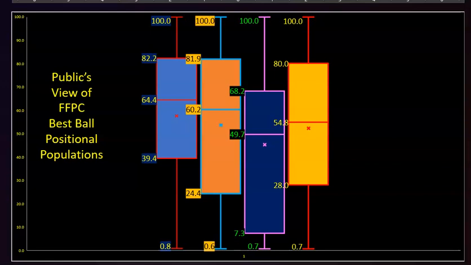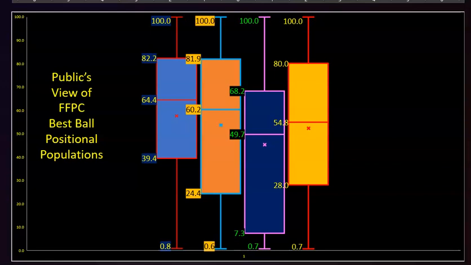So what you're looking at in light blue is quarterback, the orange is running backs, the deep blue purple lines are tight ends, and the orange yellow with red is wide receivers. Hopefully you see right away some interesting things.